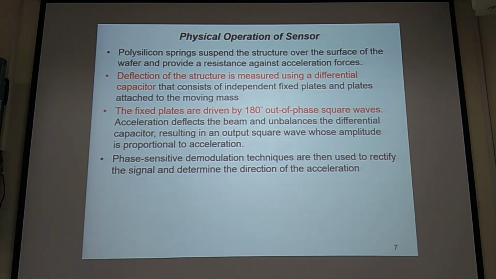So the moving electrode moves between the 2 fixed electrodes. We will have C1 decrease, C2 increase, or C2 increase, C1 decrease. So we use this differential capacitance to get the voltage output. So you have calculated this one, differential output, in your homework.